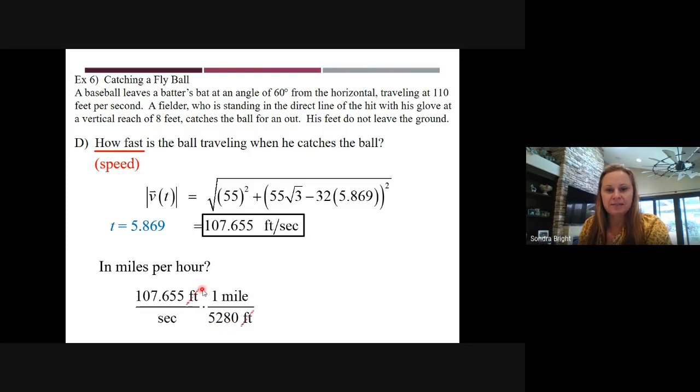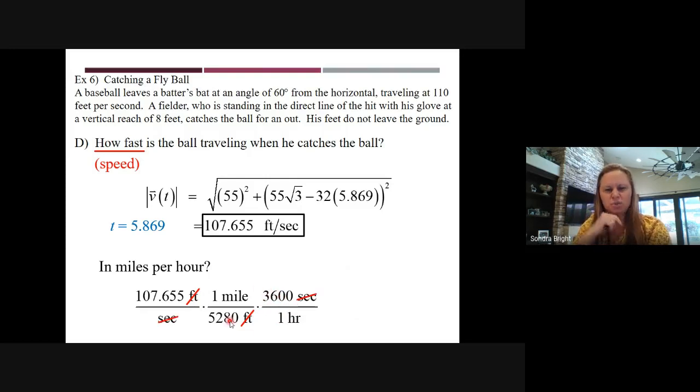So now feet cancel. Now I've got miles per second, and now we just want to convert seconds to hours. You could do it in 2 steps if you wanted to. There's 60 seconds in a minute and 60 minutes in an hour, which makes it 3,600 seconds in 1 hour.